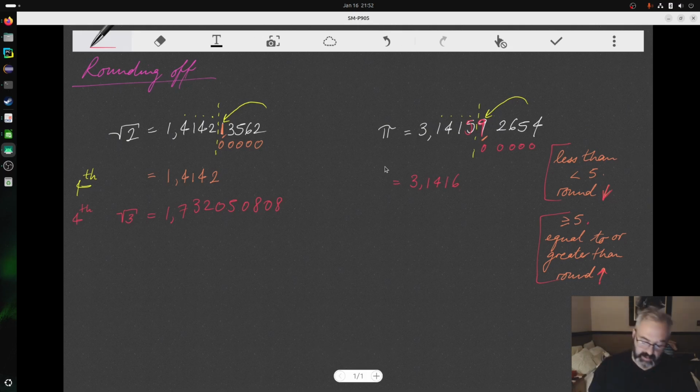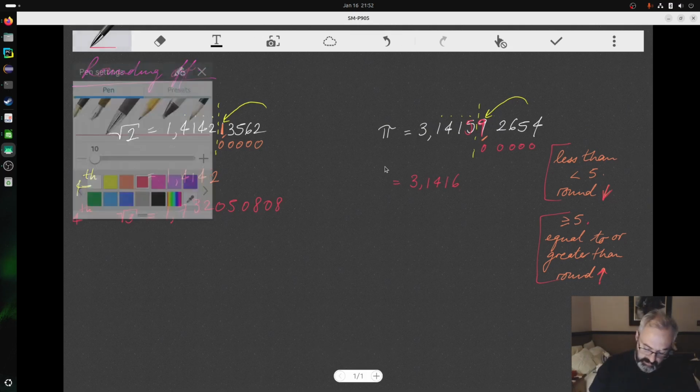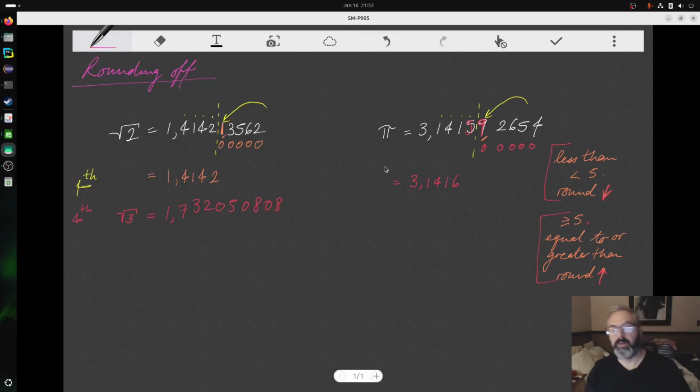Okay, and what did we say we do? We count. We want the 4th decimal, or the rounding off to the 4th decimal, so we count 1, 2, 3, 4, and then we put down our imaginary line, and we have a look at this number that is directly, immediately to the right of that imaginary line.